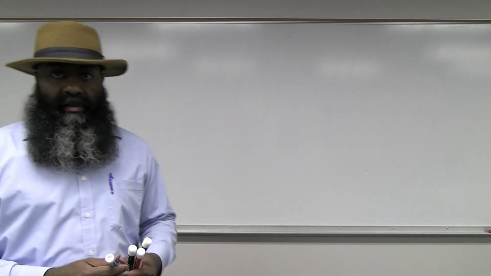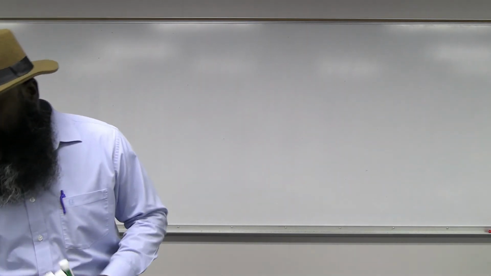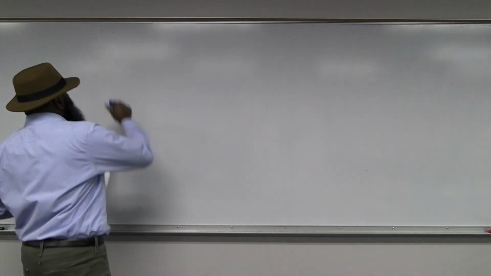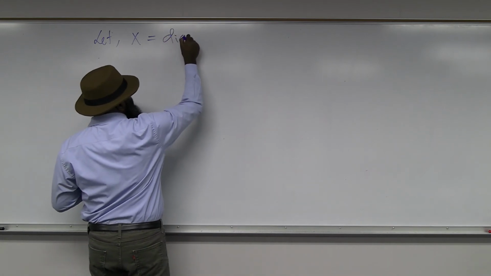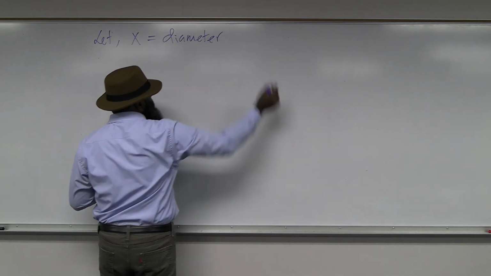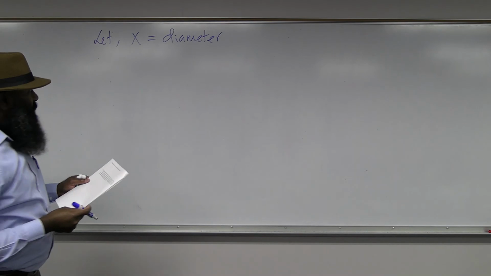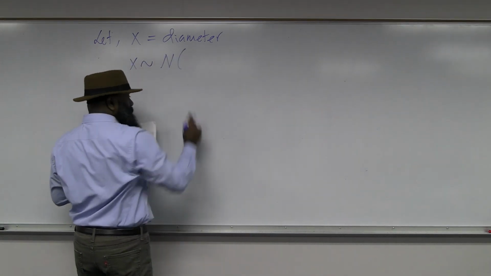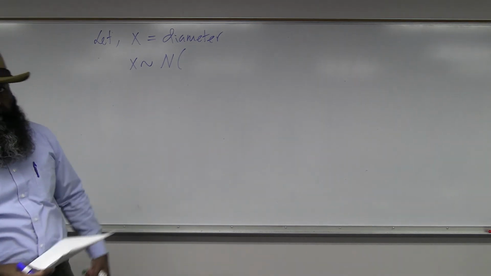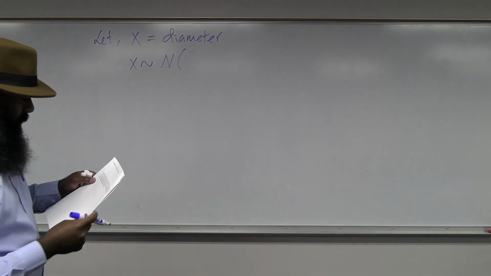There are two random variables very clearly given. So the first random variable is the diameter of a bearing. So I will let X be the diameter. That's the first random variable given. Now this X follows a normal distribution. We can write this down using the standard notation, we know them.